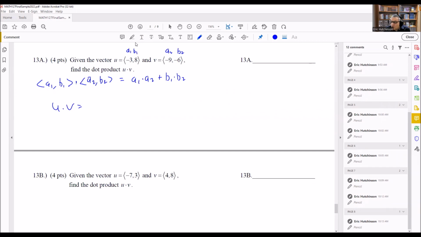A1 times A2, it's going to be -3 times -9 plus B1 is 8 times -6. Multiply the A's together and the B's together and add them. That's it. That's how you do it. Okay, so u times v is going to equal positive 27 minus 48. Your answer is going to be -21. Okay, -21 there.